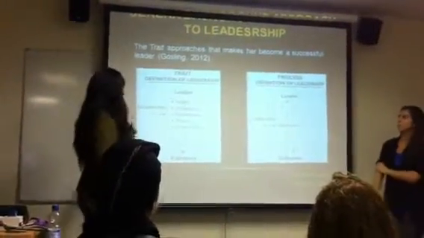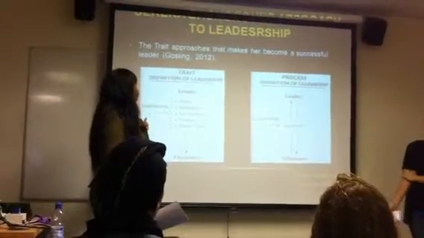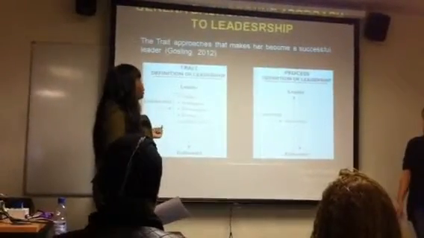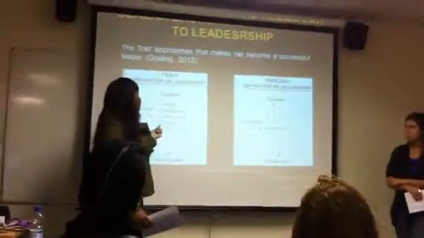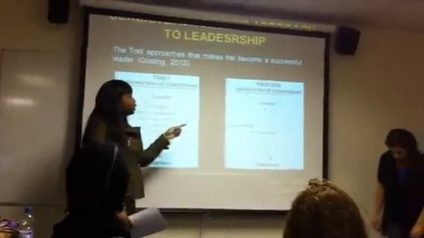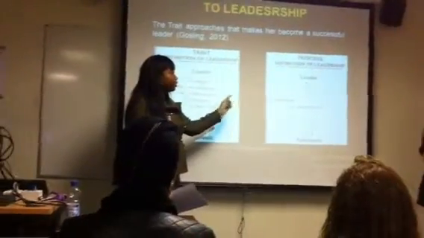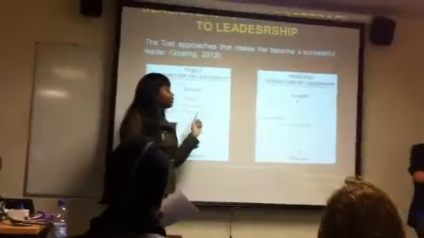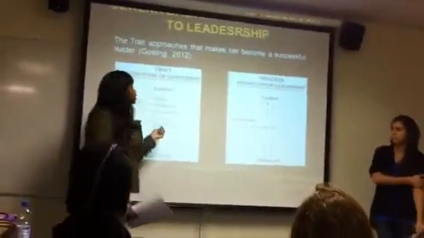Okay, so you see the models here. Basically, there are 2 different types of trait approaches that make her a successful leader. Serena is more in the trait definition of leadership than the process, because the process of leadership needs the followers as much as the followers need the leader, which Serena is not in that position.